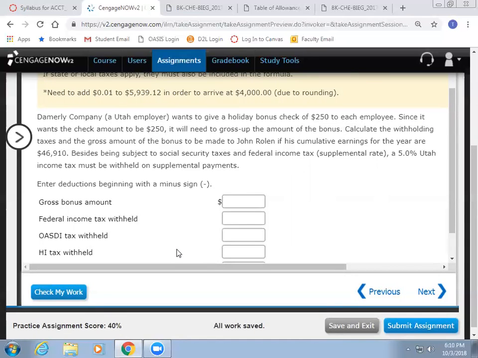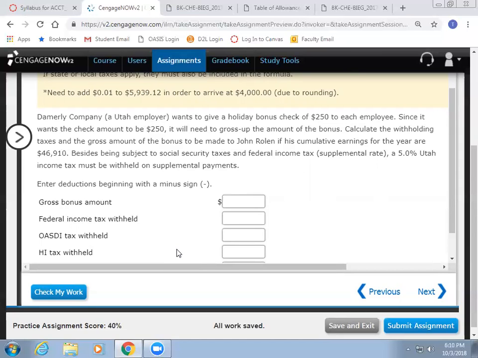What we have to do in that case is take the $250 and do this method called gross up. Sounds kind of gross, but I love the terminology. To get to a gross amount to then do withholdings on. So we are going to gross up the amount of the bonus and then calculate withholdings to get to a check amount of $250.